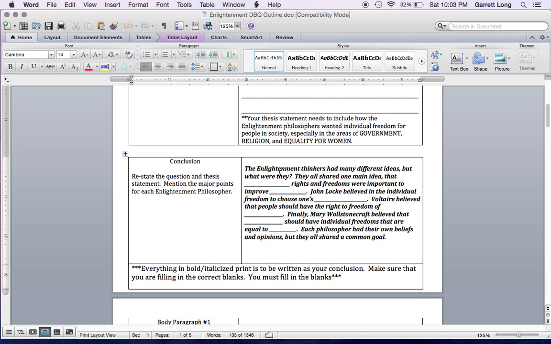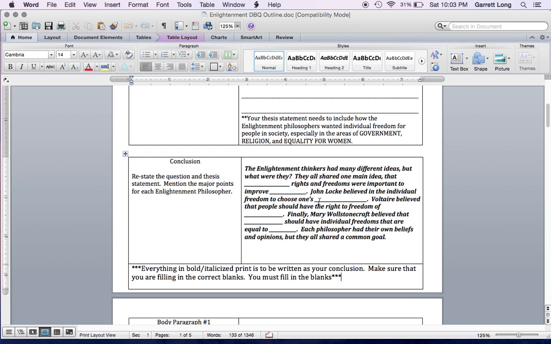So I'm going to read this, but I'm going to leave the blanks out, and you're going to have to fill them in. So our conclusion says the Enlightenment thinkers had many different ideas, but what were they? They all shared one main idea, that blank rights and freedoms were important to improve blank.